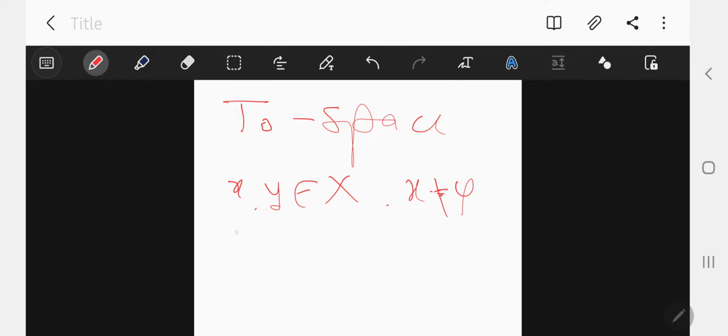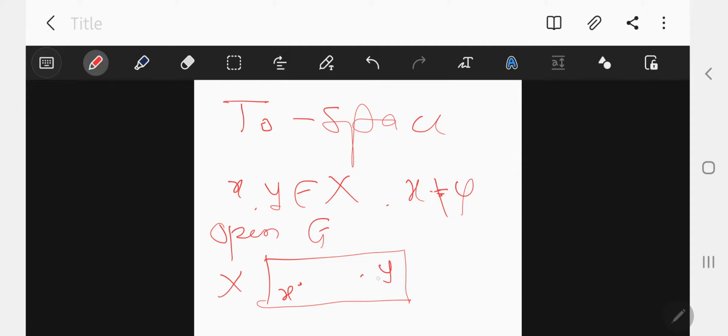For T0 space, for two distinct points x and y of topological space X, that is, x is not equal to y, we take only one open set G in topological space X. For two distinct points x and y, there is an open set containing one point but not the other.